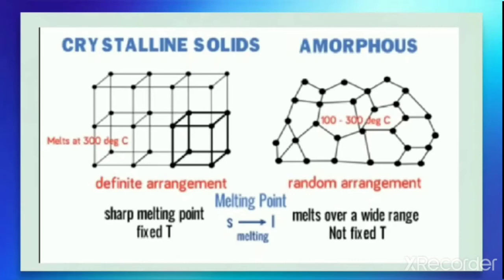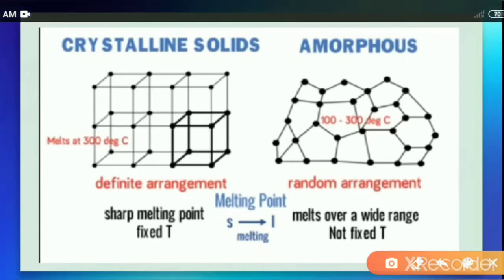Let the substance get melted at the temperature 300 degrees Celsius. But what about the amorphous? In amorphous, there is no sharp melting point, but a range in between which it starts to melt. That means we cannot give a sharp melting point for amorphous, but there is a sharp melting point for crystalline solids.